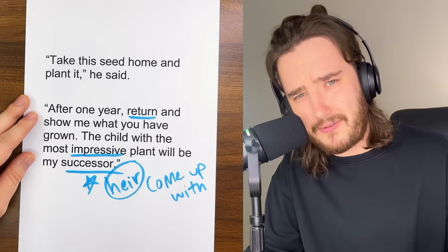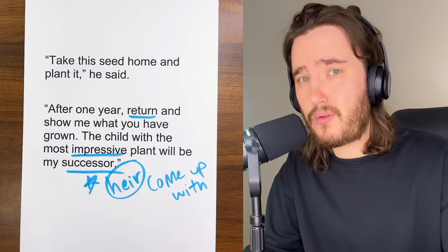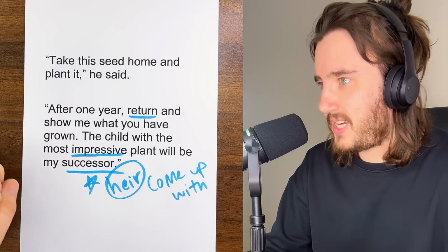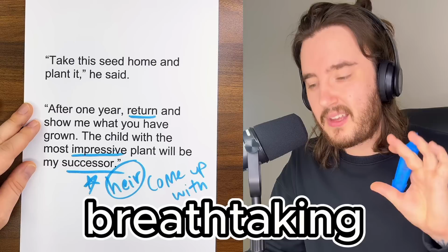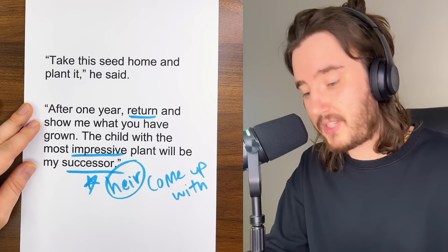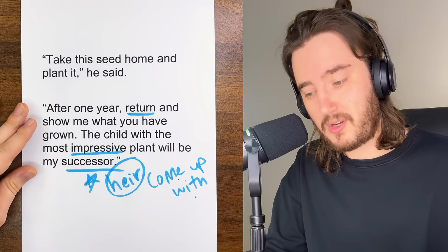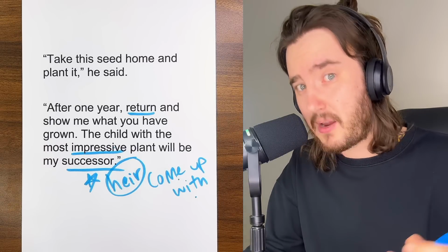What does impressive mean in this context? Could mean that it's the most beautiful, could mean that it's the largest, could mean that it's the most breathtaking. The child who is able to come up with the most impressive plant will be my successor, will succeed me.